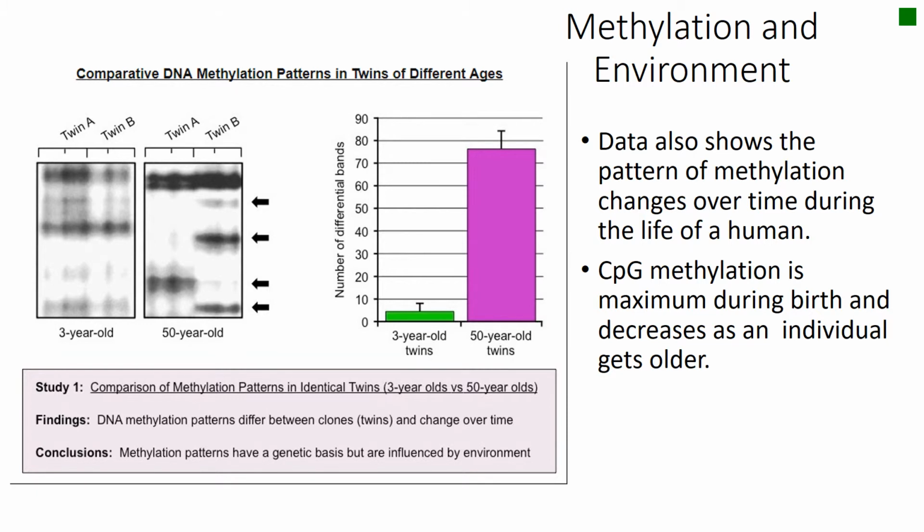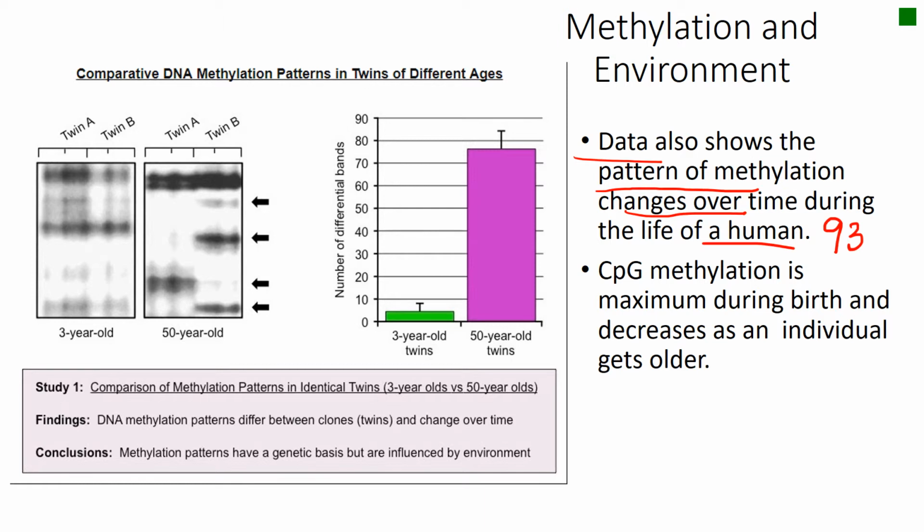Another data also show the pattern of methylation changes over time during the life of a human. Unfortunately, I cannot find a picture or a diagram of it, but you can find in Andrew Allott page 93 a graph that shows how CpG methylation changes from a newborn to 103 years old.